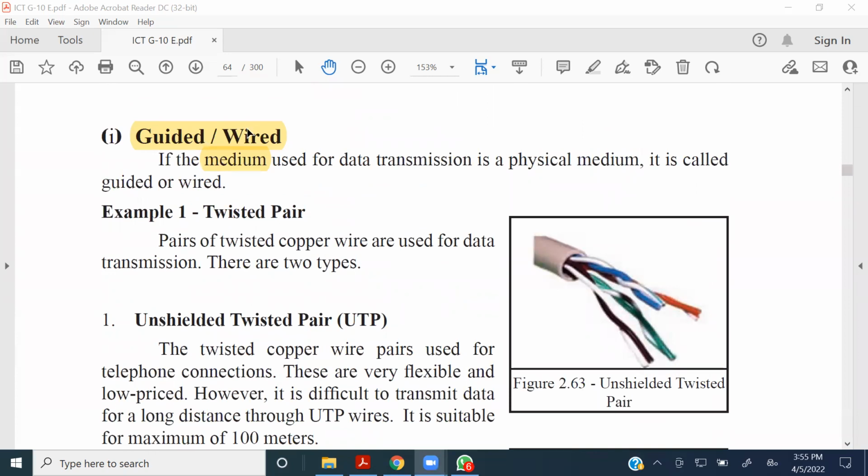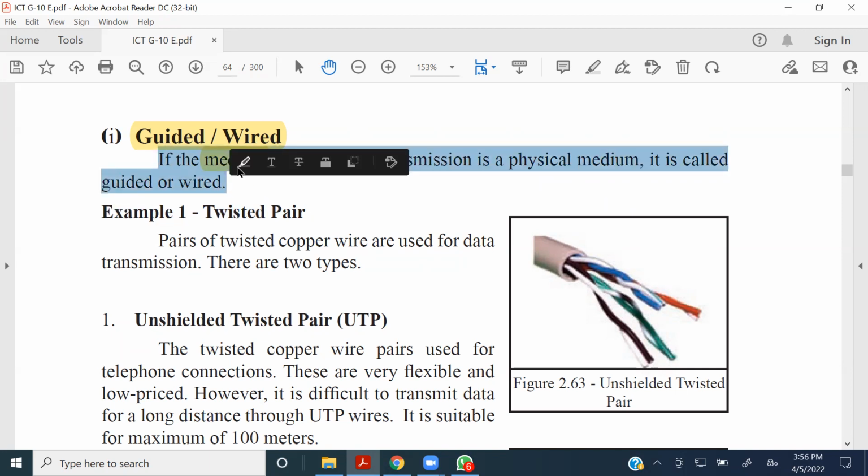Okay, so if you write the guided medium or the wired medium, it's better we write the entire sentence.